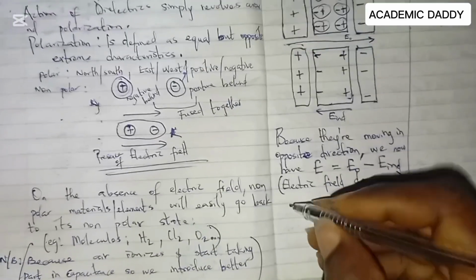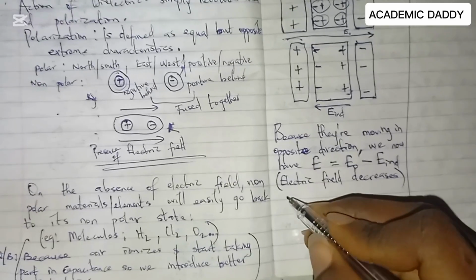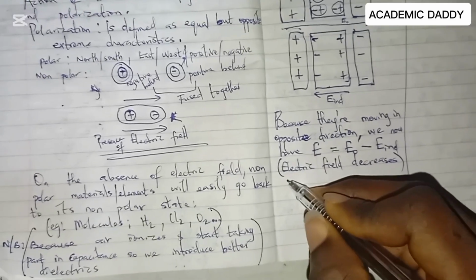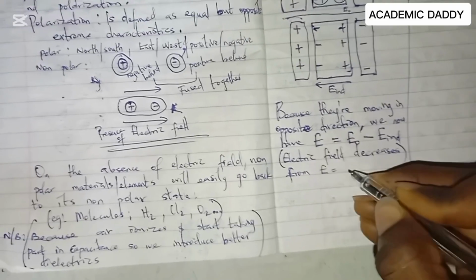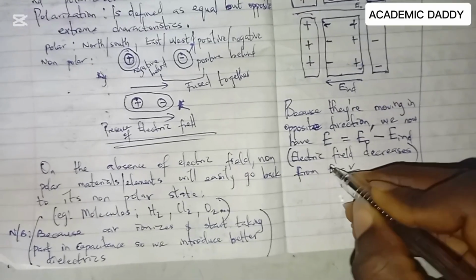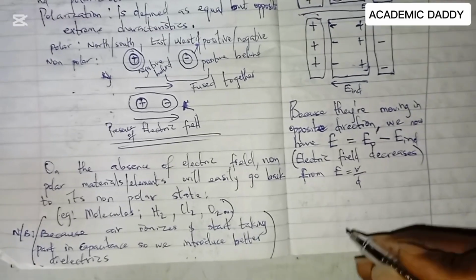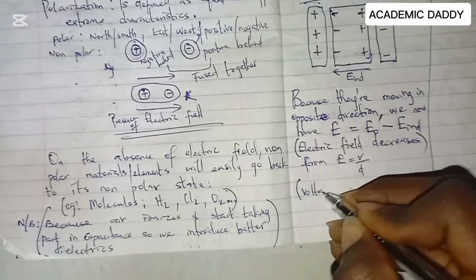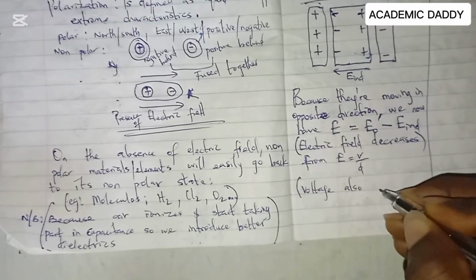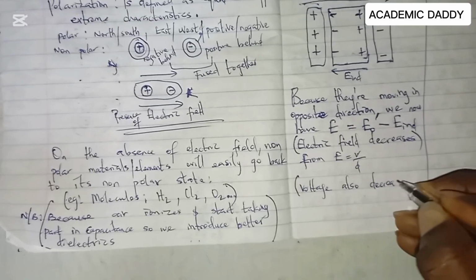And when the electric field decreases, then if you remember, E equals V over D. You see that E is directly proportional to voltage. So that means that voltage also decreases.